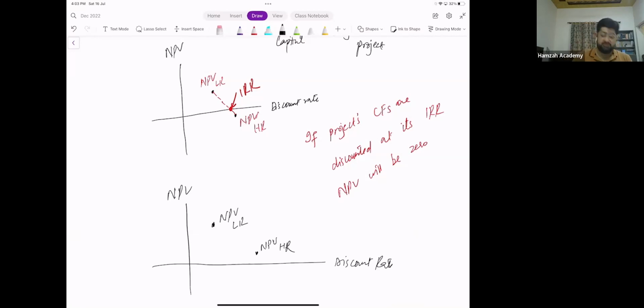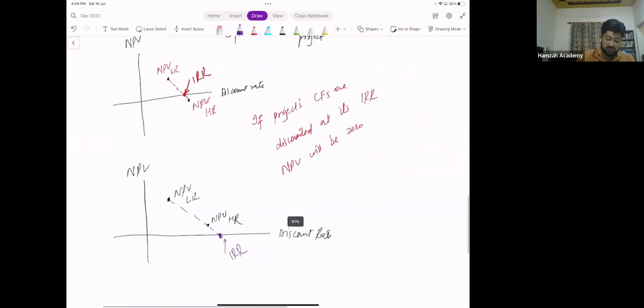And both are positive. It might be possible. It is possible. Then this is the IRR.